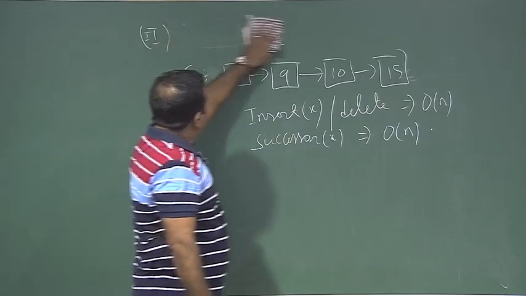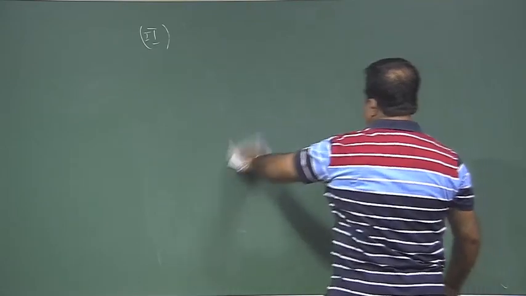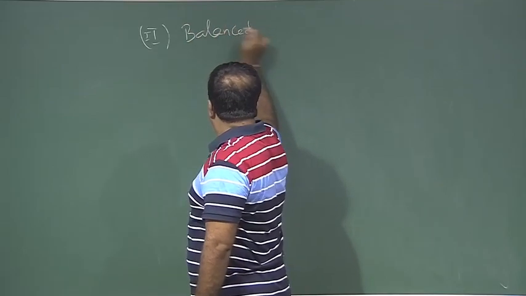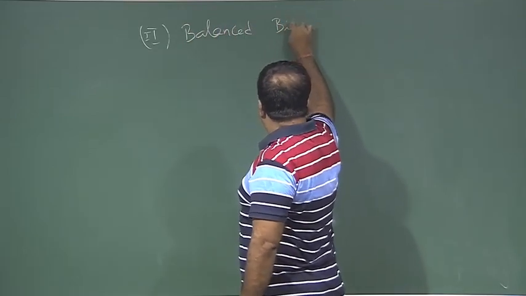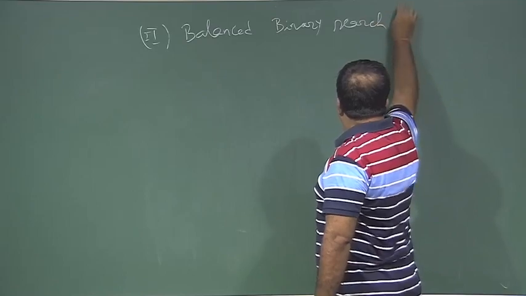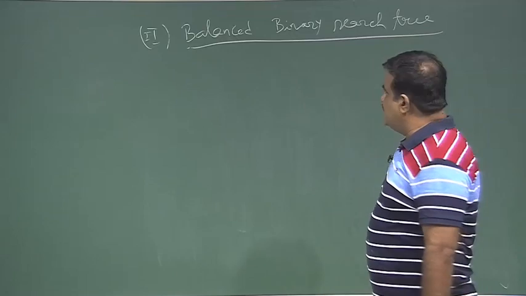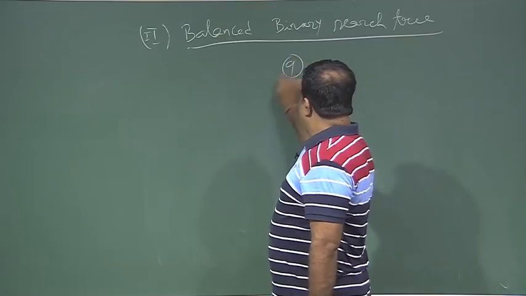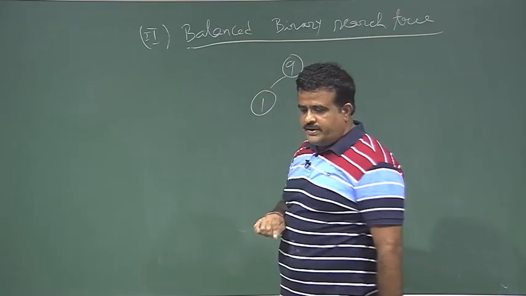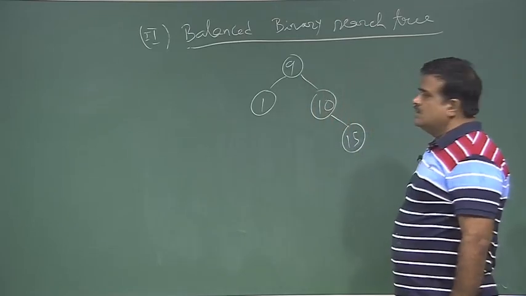Now, think about a balanced binary search tree, such as a red black tree. So we store this in a balanced binary search tree: 9, maybe 1, maybe 10, maybe 15, like this.